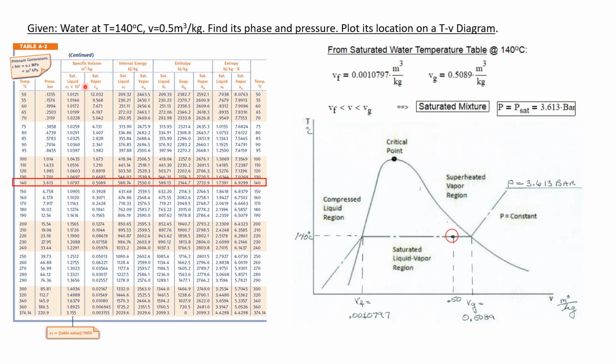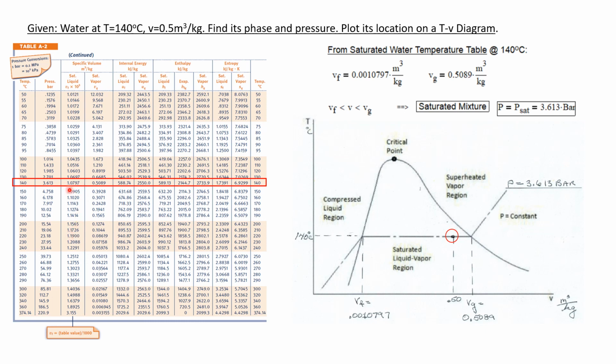Let's look up V sub F. So we have a column here called specific volume, and we have the specific volume of the saturated liquid. And notice that it says it's the saturated liquid times 10 to the third. Or down here it says that the actual value is the table value divided by 1,000. So they're doing this to save table space.